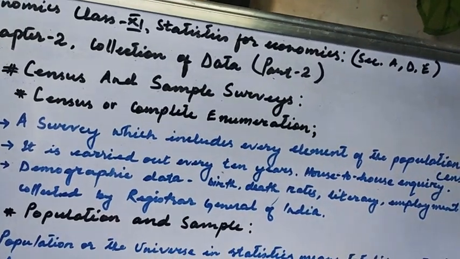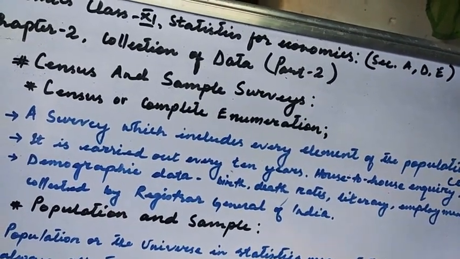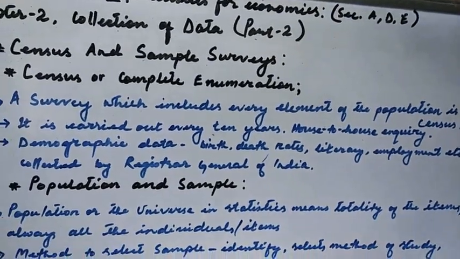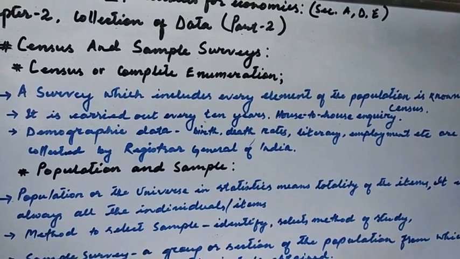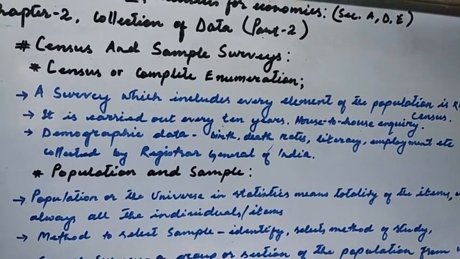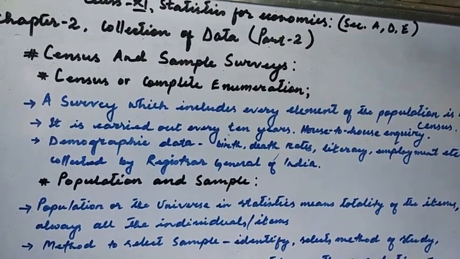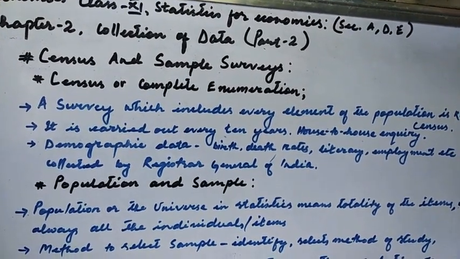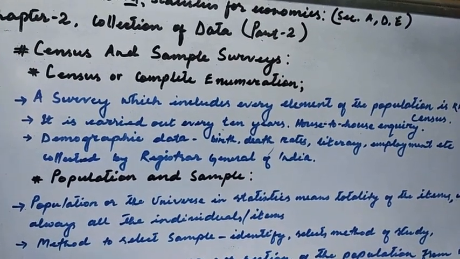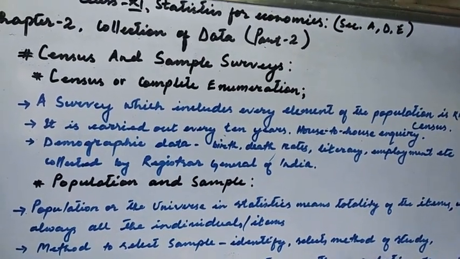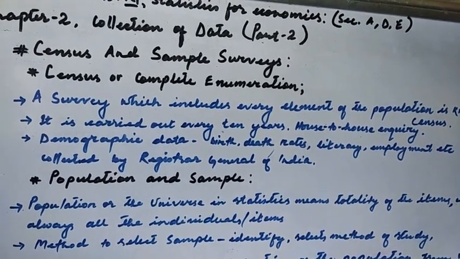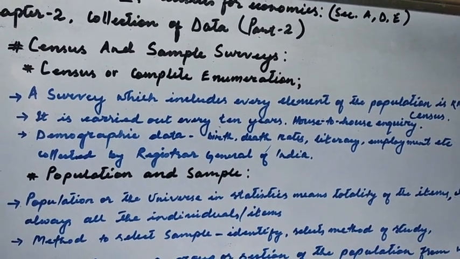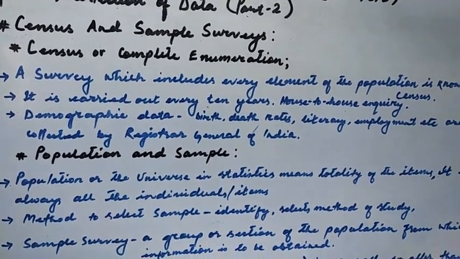What information do we get from the census, or what items are included in a census? And the census is carried out every 10 years, and in this census, an investigator, a researcher, has to go from door to door, from house to house, inquiring and asking each individual, every household, for various information.